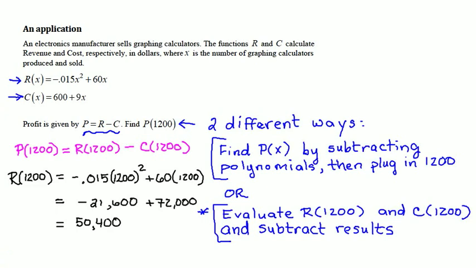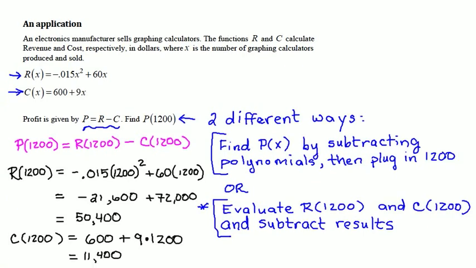That means my revenue from selling 1200 calculators is $50,400. Next, we need to find C of 1200, which we'll get by plugging 1200 in for x in the function C of x. 600 plus 9 times 1200 comes to $11,400.